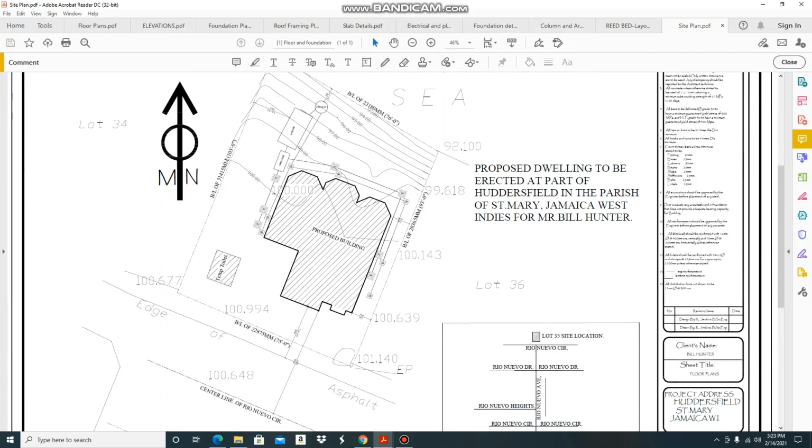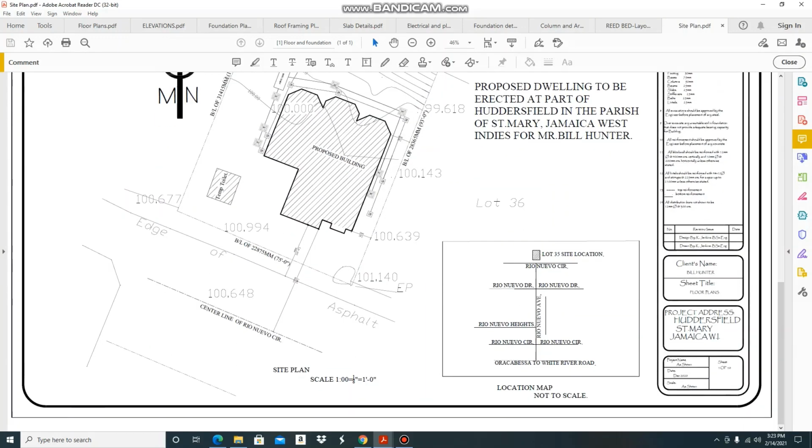Okay? And also you must pay keen attention to the scale of the drawing. You know what I mean? That helps, in terms of if the draftsperson had left out any important dimension, you can always use the scale to obtain that dimension.